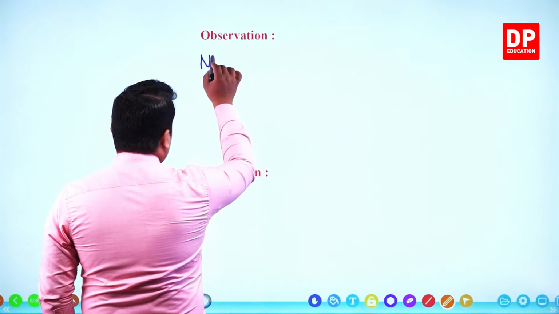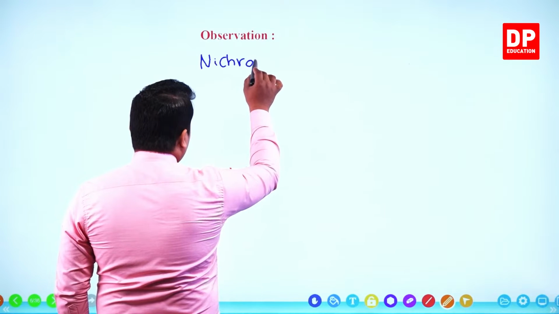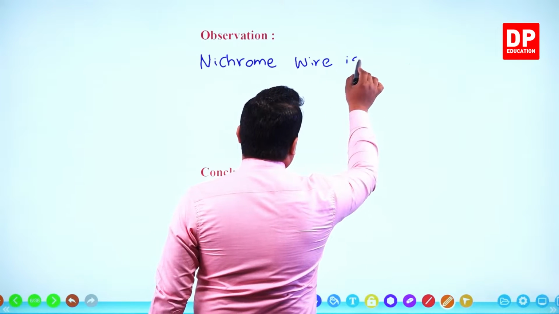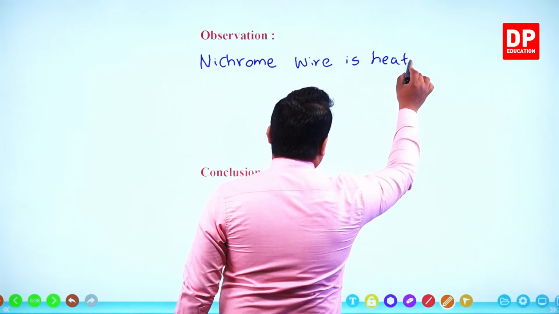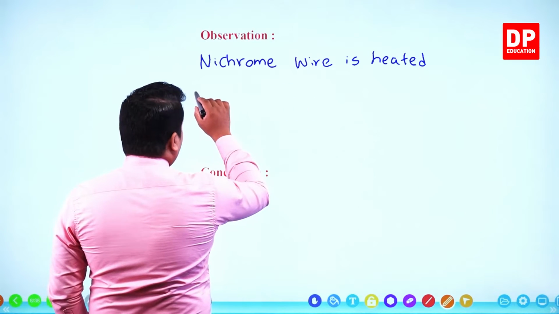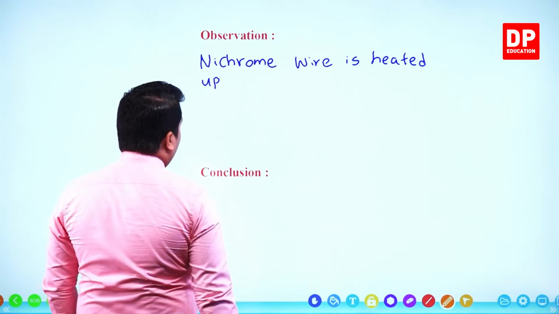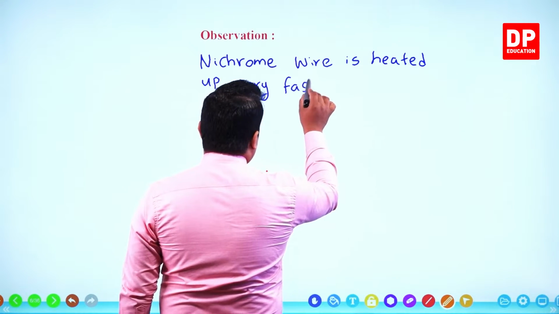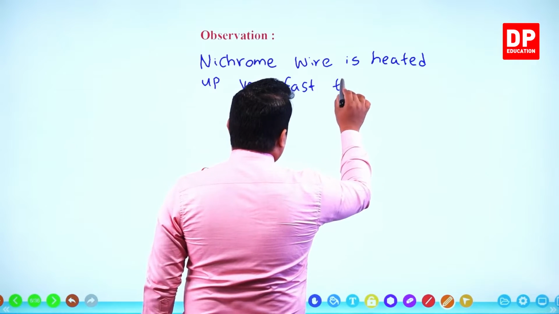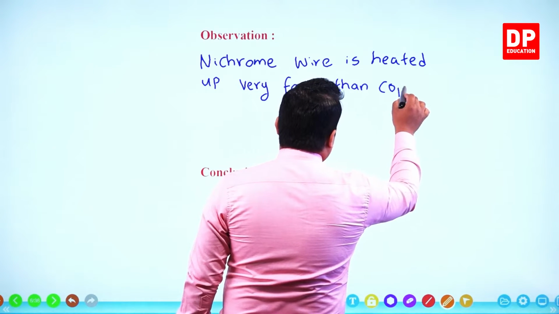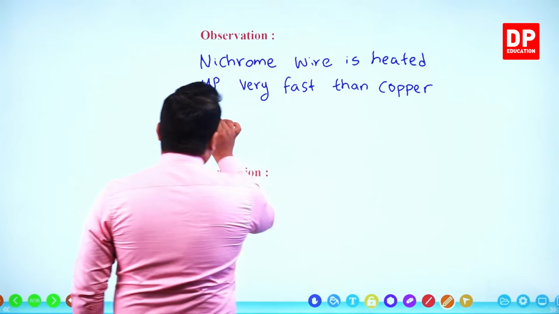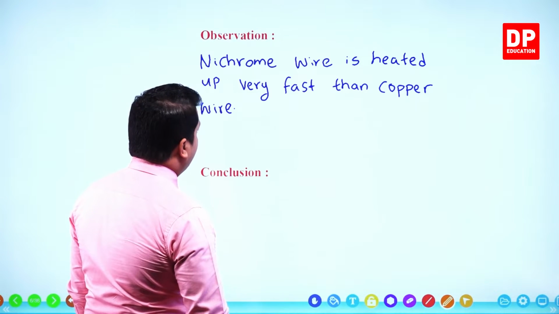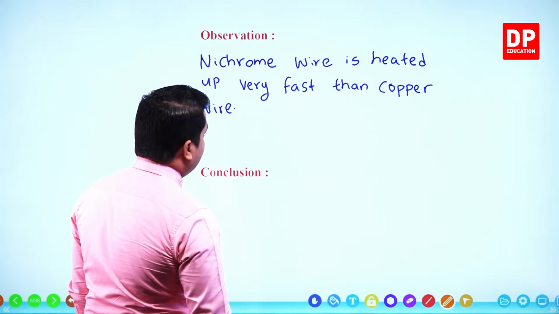Nichrome wire is heated up very fast than copper wire.